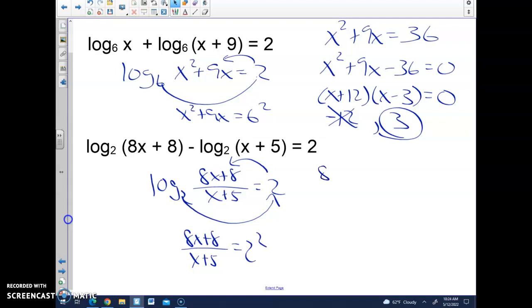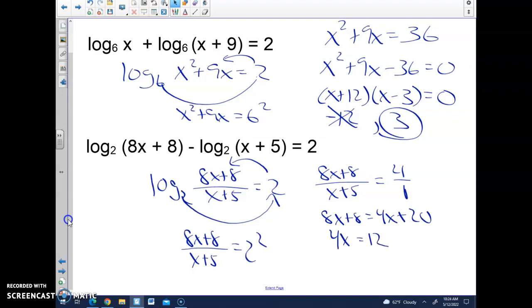Now from there, 8x plus 8 over x plus 5, 2 squared is 4. I'm going to leave it as 4 over 1. I'm going to leave it as a proportion. When I cross multiply, 8x plus 8 equals 4x plus 20. I subtract 4x, I get 4x. I subtract 8, and I get 12. And my x equals 3.